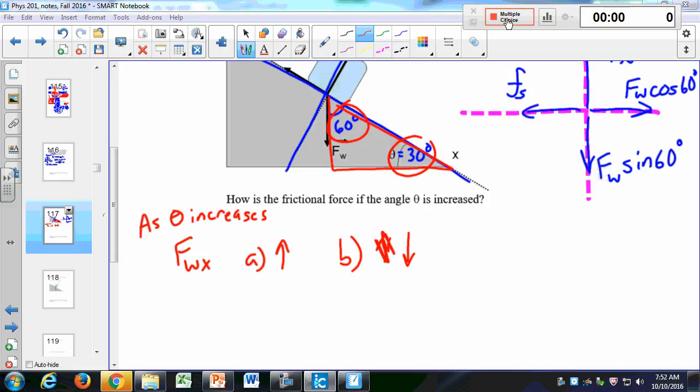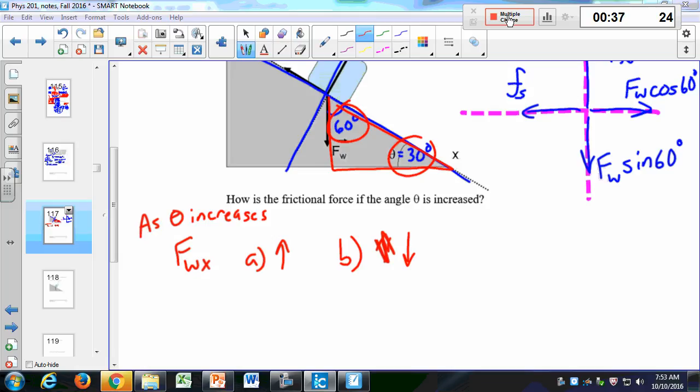Fwx. As theta increases, as I move the inclined plane up, what happens to the x component of the force? Does the x component of the force weight go up or does it go down? Let's do a little bit longer. So click in what you think, A or B. All right.